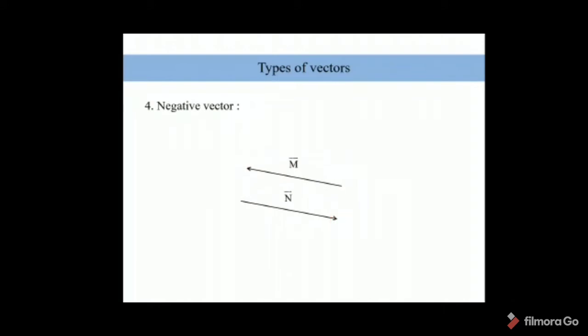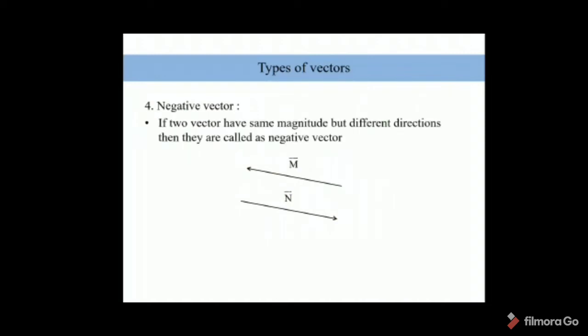We can say that clearly the lengths of the vectors are the same. Both vectors have the same length, that means magnitude. They have the same magnitude, but they have different directions. So two vectors having equal magnitude but different directions are known as negative vectors.